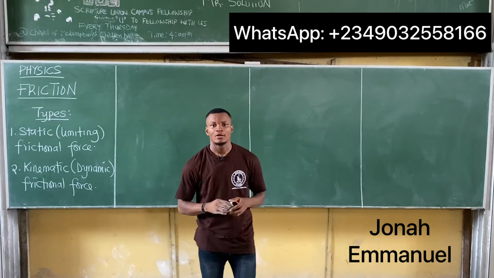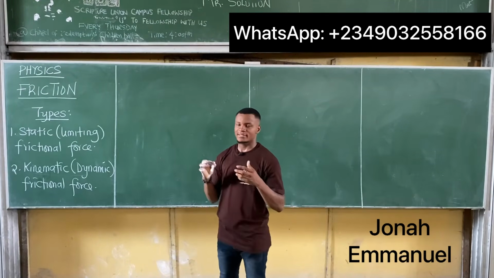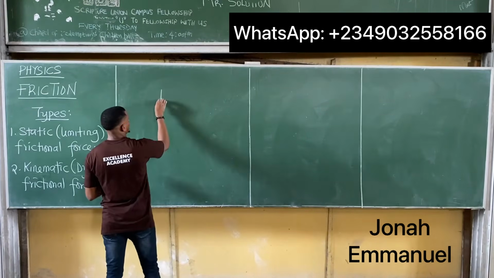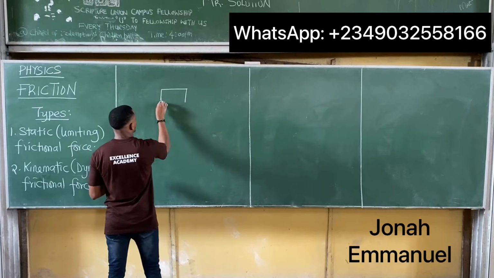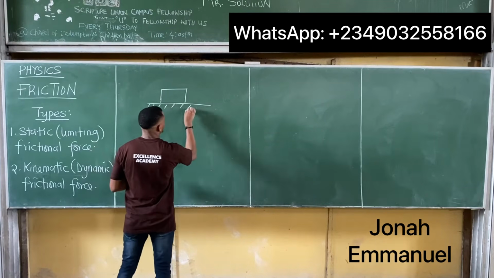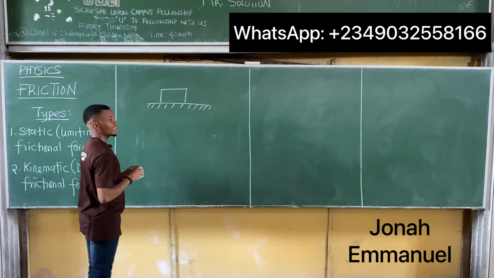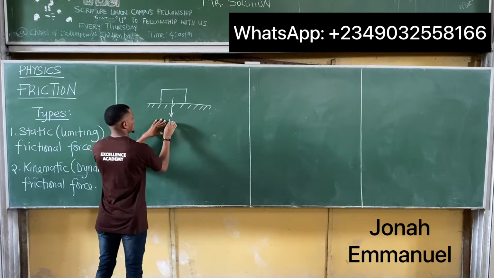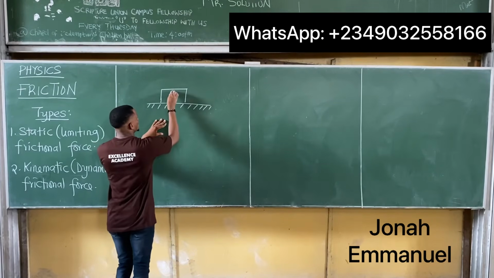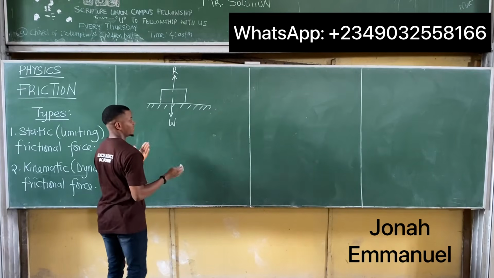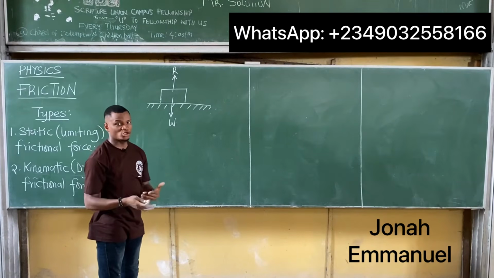Alright, so having considered this, let's look at a concept in frictional force. When a body is placed on a rough surface like this, the forces that act include: number 1, the weight coming downward; number 2, the normal reaction going upwards; number 3, depending on the direction of motion of the body, the frictional force.